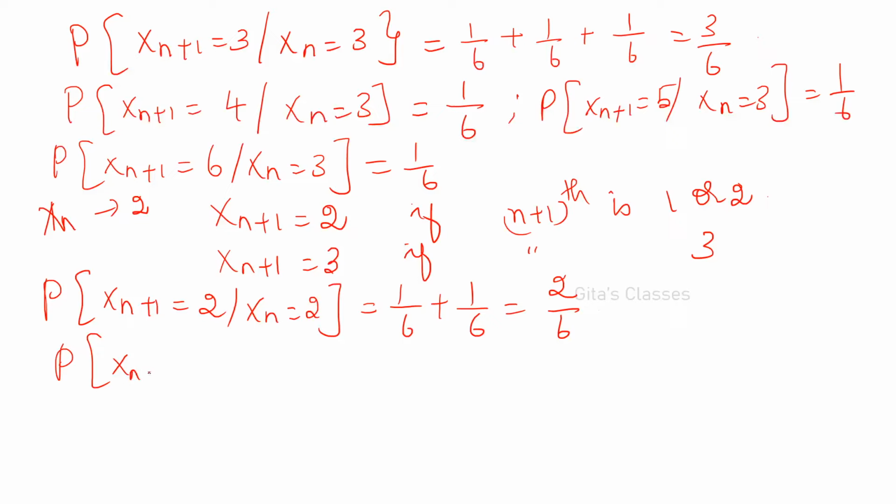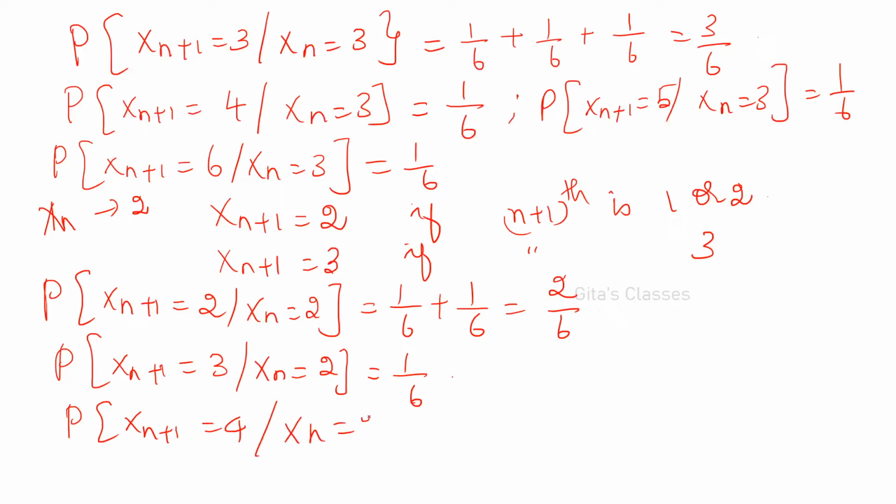Probability of xn plus 1 is equal to 3 given xn is equal to 2: only if I get 3 will I write 3 here, right? So what is the probability that I will get 3? 1 by 6 only. Similarly, probability of xn plus 1 is equal to 4 given xn is equal to 2 is also 1 by 6, and so on.